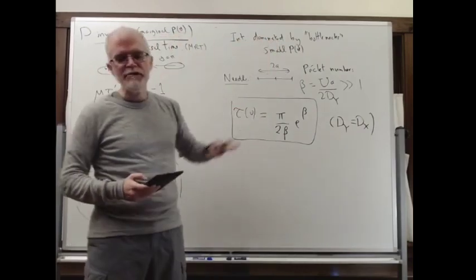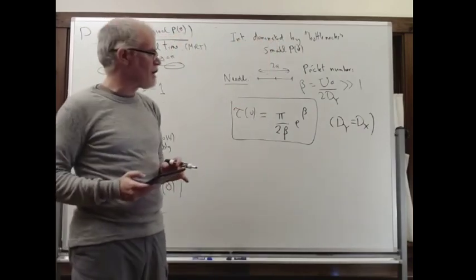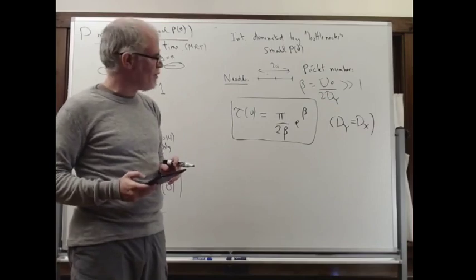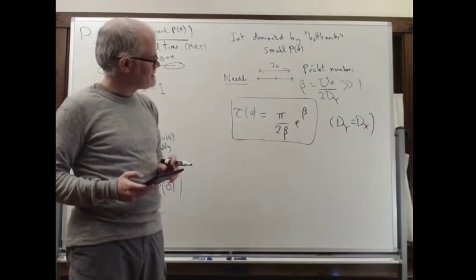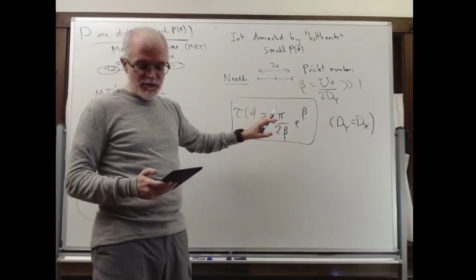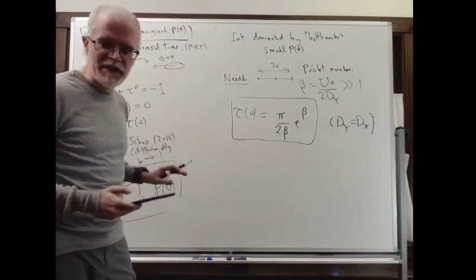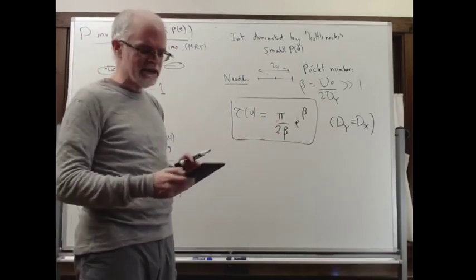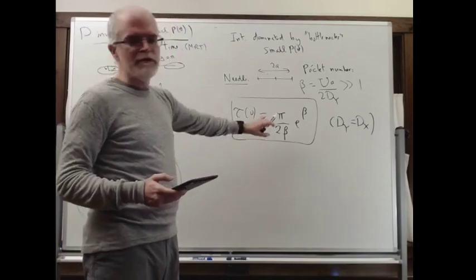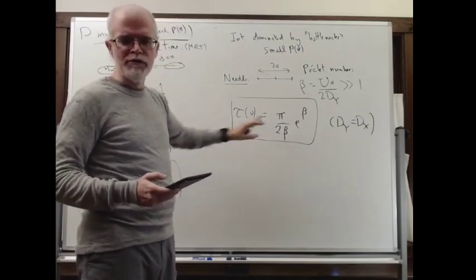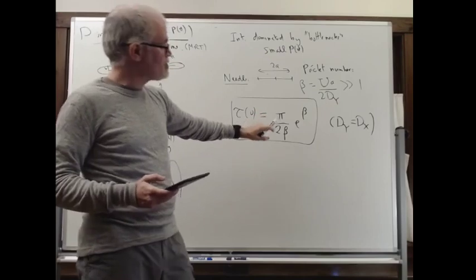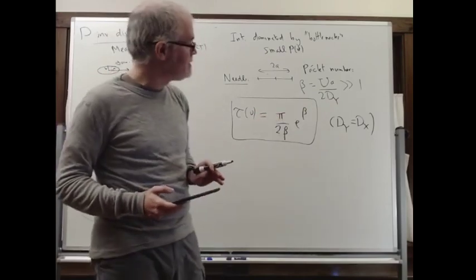I have an expression when dy is not equal to dx as well, but it's just more complicated and it illustrates the point to pick dy equal to dx. So this expression is where it's radically different from the diffusive scale that was found by Holzmann and Schuss, which I'm not going to write down for lack of time. Their diffusion time was something like 1 over d theta, whereas this is much, much longer because it's an exponential of this Peclet number.